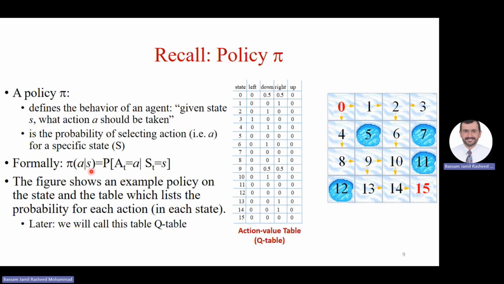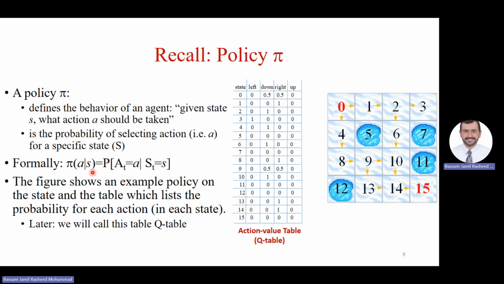But let's go back to this. So the policy is the probability of taking an action given a state. If I'm in state 0, the policy tells me what is the probability of taking action right, what's the probability of taking action down, action left, action up.